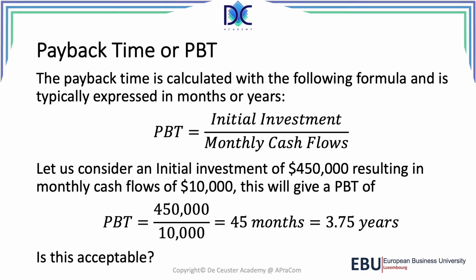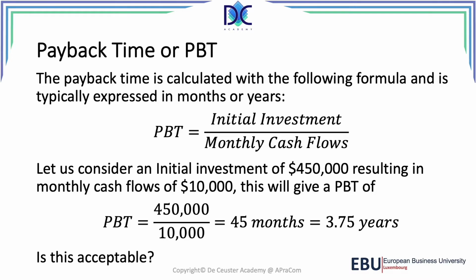Now we can say, is this acceptable? Well, it all depends on the industry you're in. If you are in automotive, 3.75 years would be really great. It can be a lot more. I heard numbers of 15 years because the investments are really huge. And when you have those huge investments, it's clear that it takes longer to compensate the initial investment.